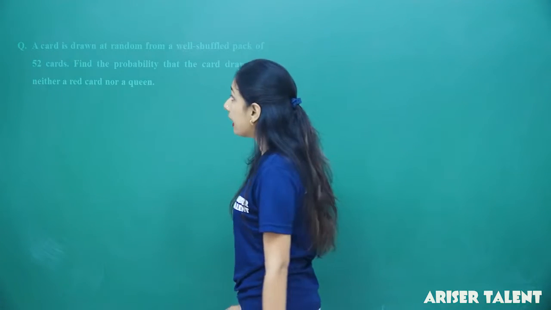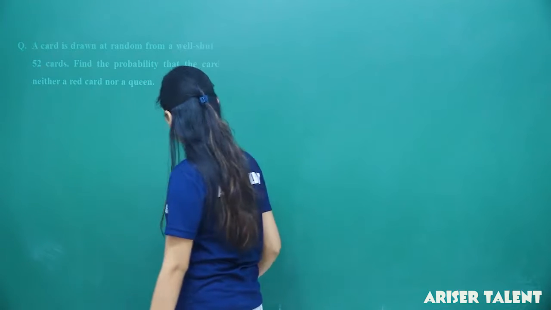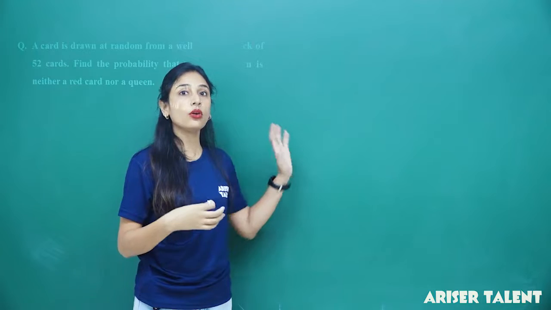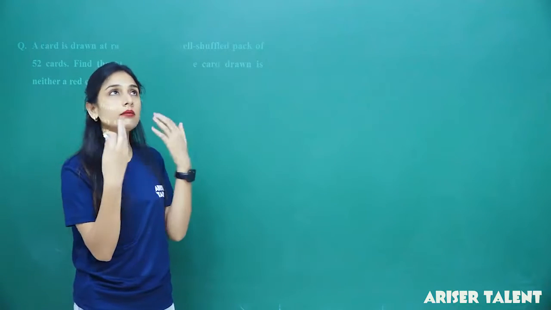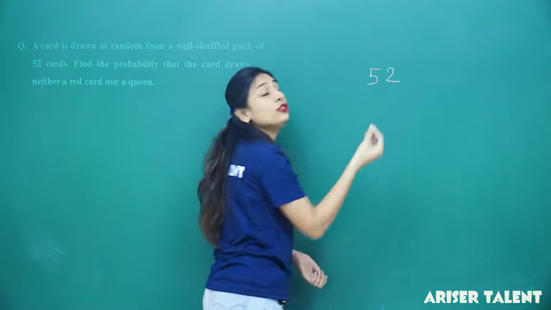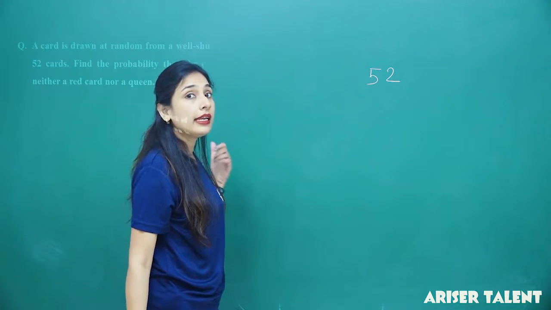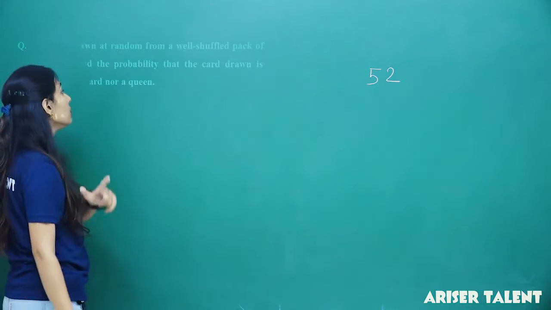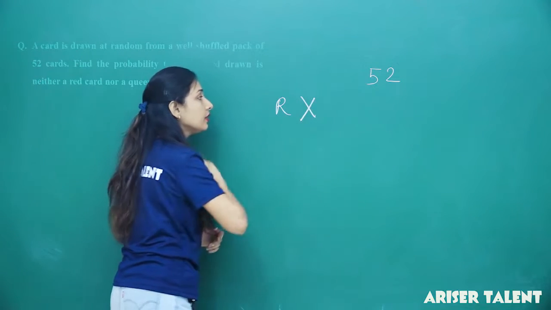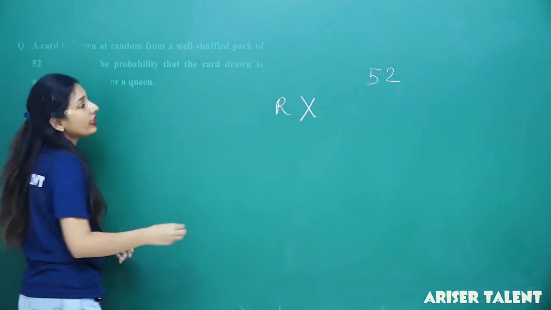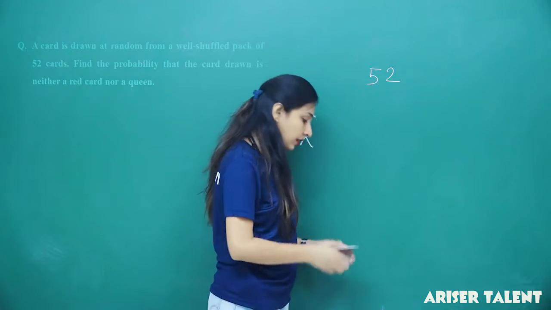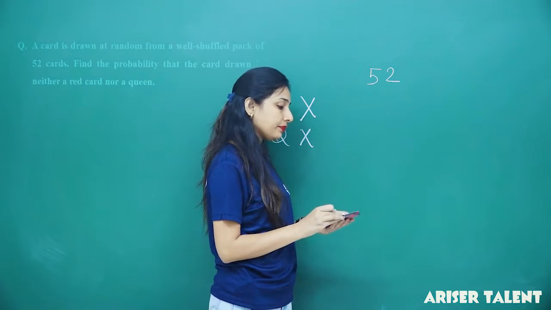What is it saying? That we are having total number. Now let us consider this not as a language question but just as a mental ability question. This is 52 in total cards. It's saying about the situation neither a red card. Red card is not allowed. Now the second thing, queen is not allowed. How many queens are we having? So we are having a queen from here.